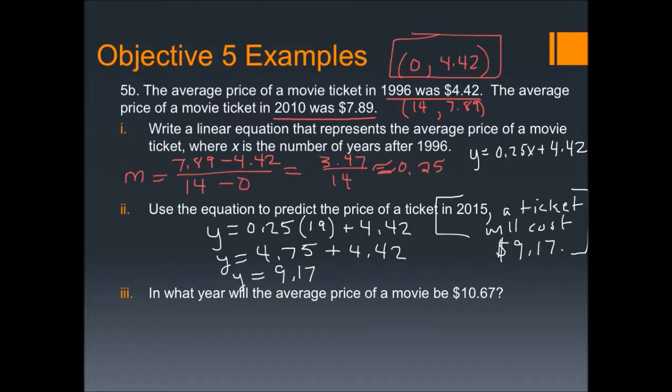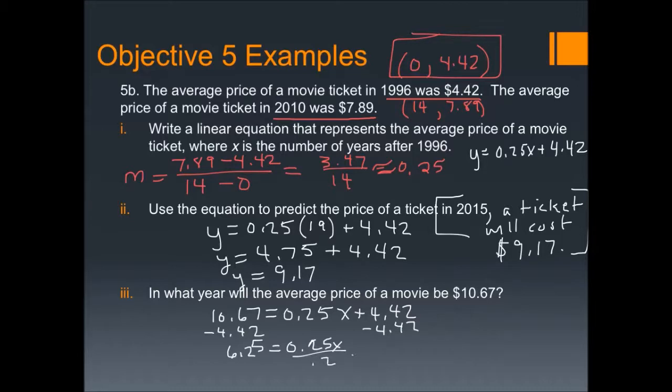Part 3, in what year will the average price of a movie be $10.67? This time it's giving me the y, and asking me to solve for x. So I'm going to do that. Take 4.42 away. I already see that I'm going to run out of room, so I'll just move it over, divide by 0.25.